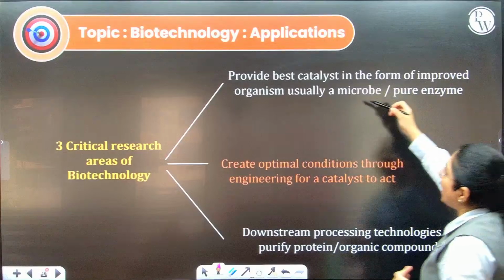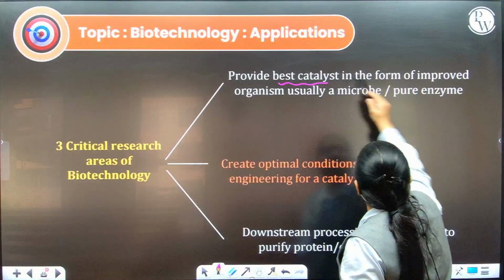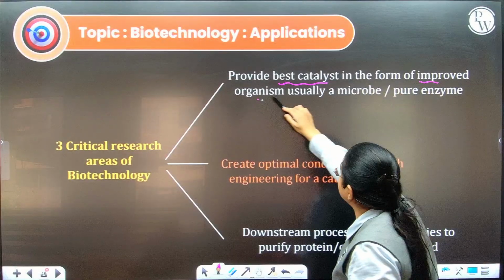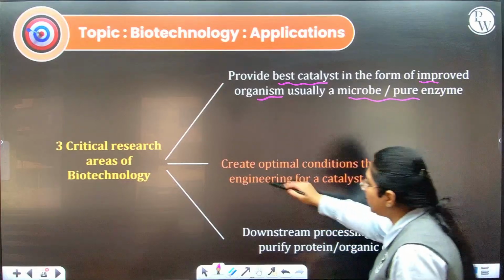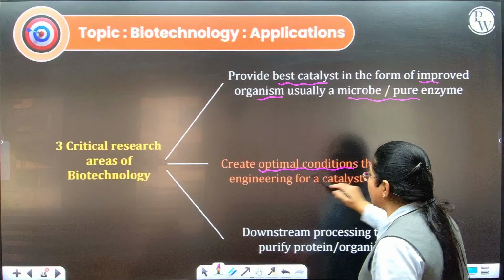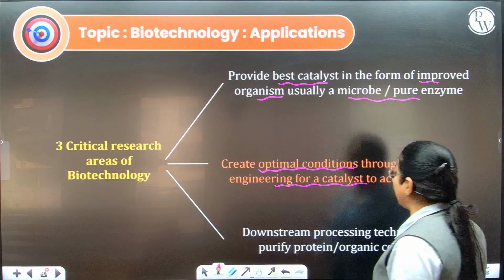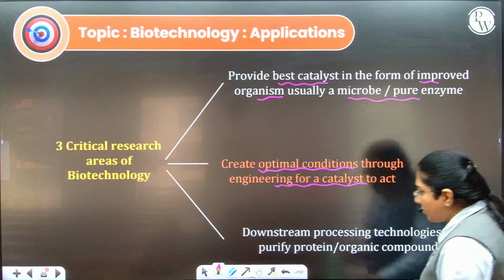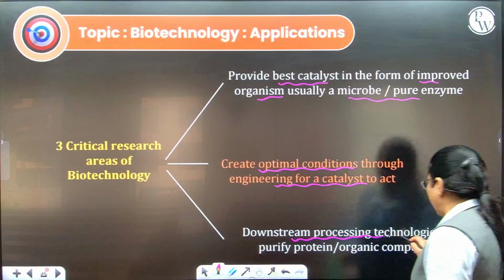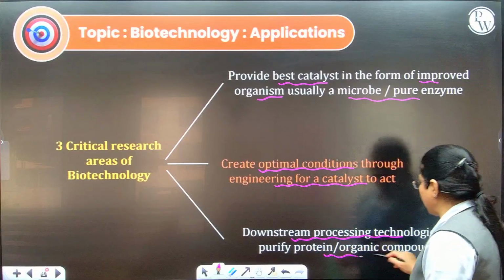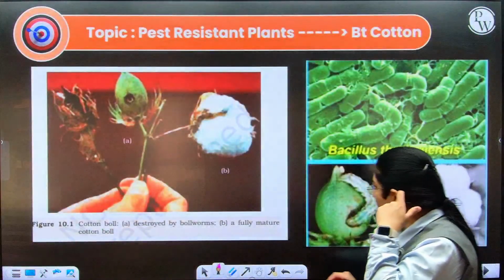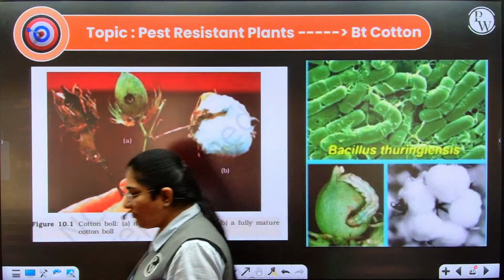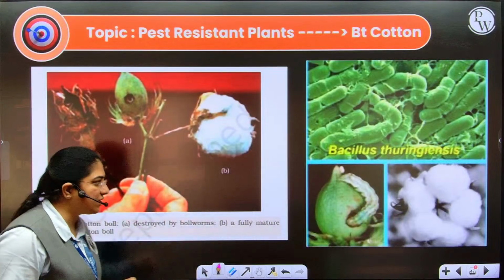We need to provide the best catalyst in the form of improved organisms, usually a microbe or pure enzyme. We need to create optimum conditions through our engineering for a catalyst to act. We also need downstream processing technologies to purify products, organisms and compounds. So these are three critical fields where we need to do further research.